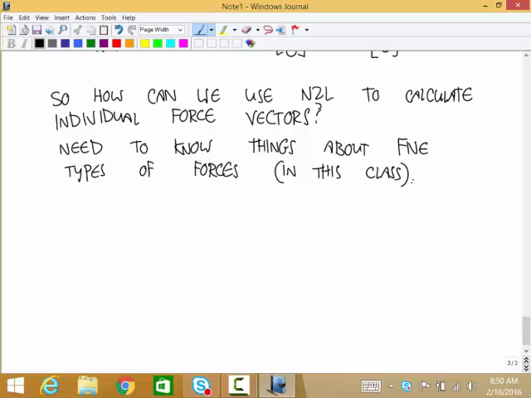There are some other types, but this is a complete list of everything you're going to deal with here. The other ones, magnetic forces or electric field forces, you can deal with the same way, but we're just not going to do it in this class. Okay, so here are the five types.